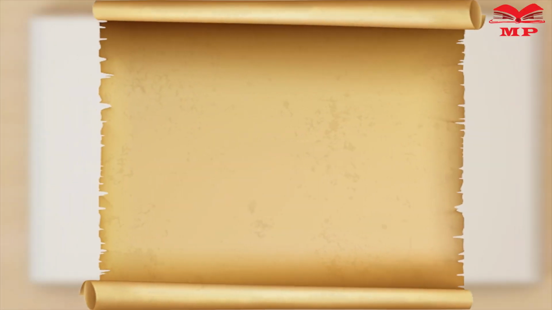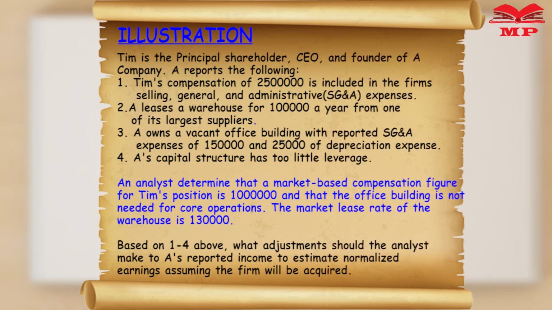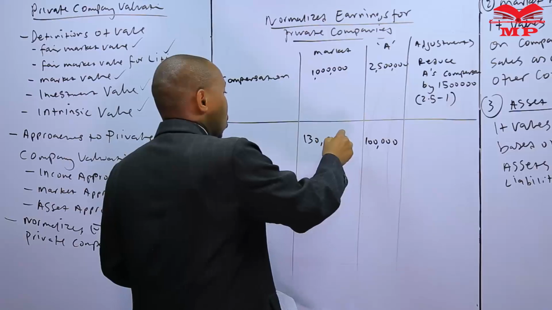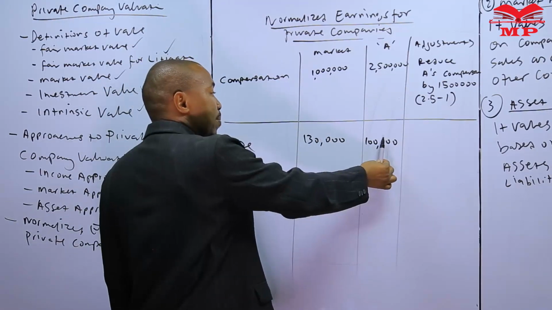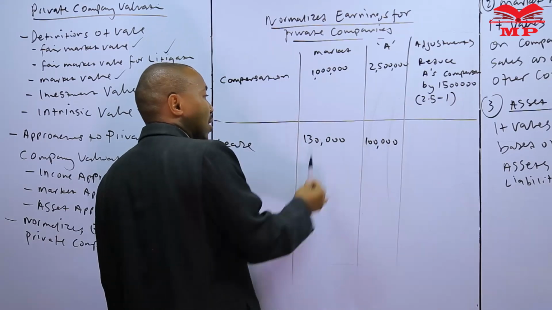Down there, we're informed that the market lease rate for the warehouse is 130,000. So the market is 130,000. We must ensure that the leases are similar or almost the same as that of the market.